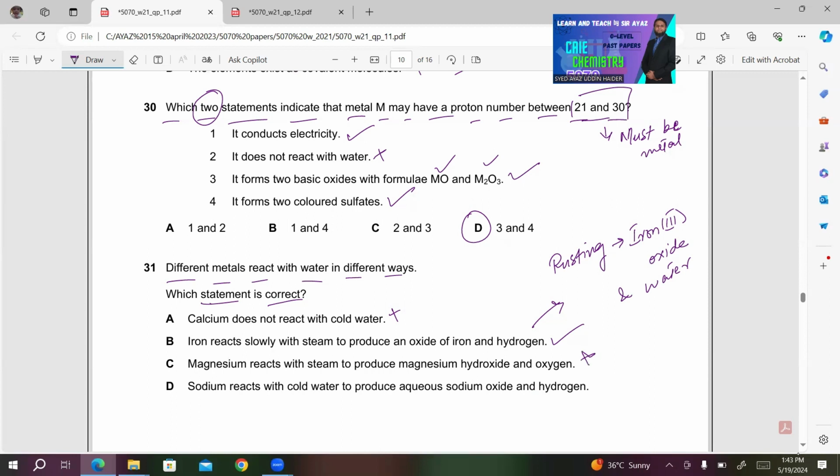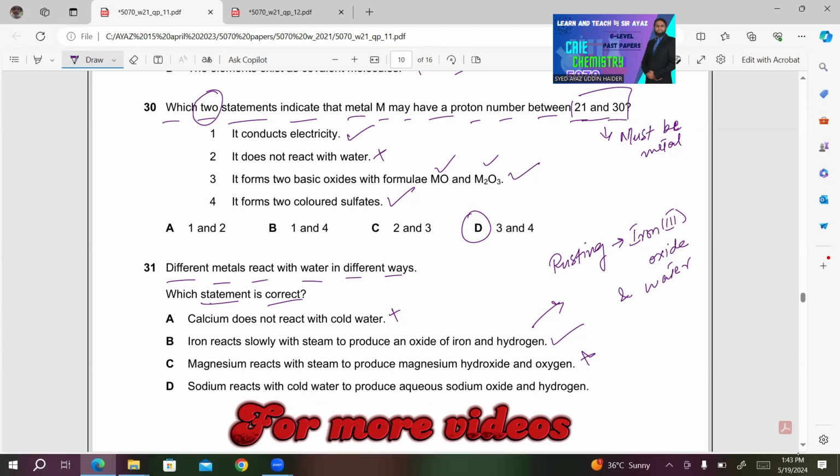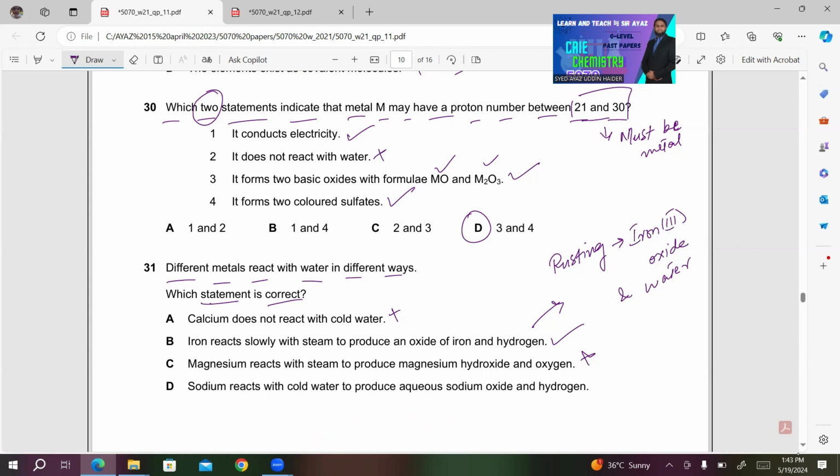This is incorrect because with steam, metals produce metal oxide and hydrogen gas. D. Sodium reacts with cold water to produce aqueous sodium oxide and hydrogen. This is incorrect. Hydrogen is produced, but there will be sodium hydroxide, not sodium oxide. So B must be the right answer in this case.